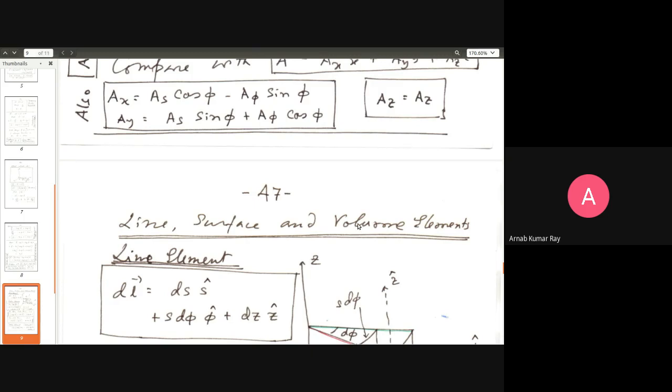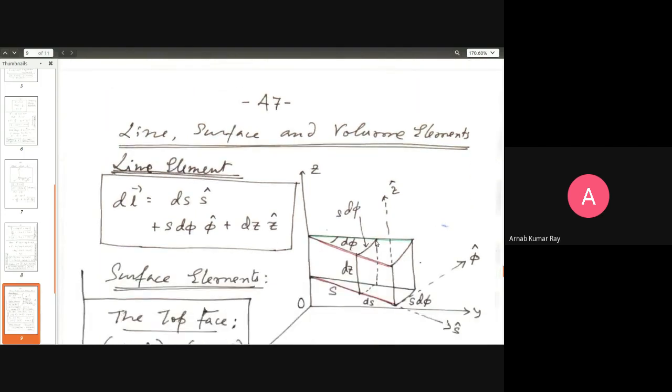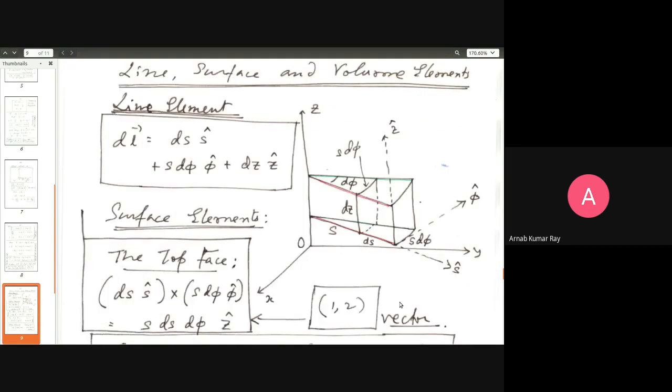Remember, in the Cartesian coordinate system, the line element was dx x cap plus dy y cap plus dz z cap, and the surface element was dx dy z cap, and so on. So here we shall try to see how those ideas get changed in the cylindrical coordinate system.